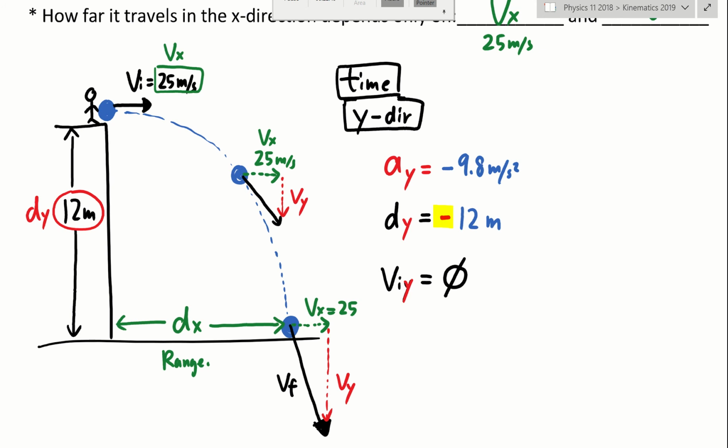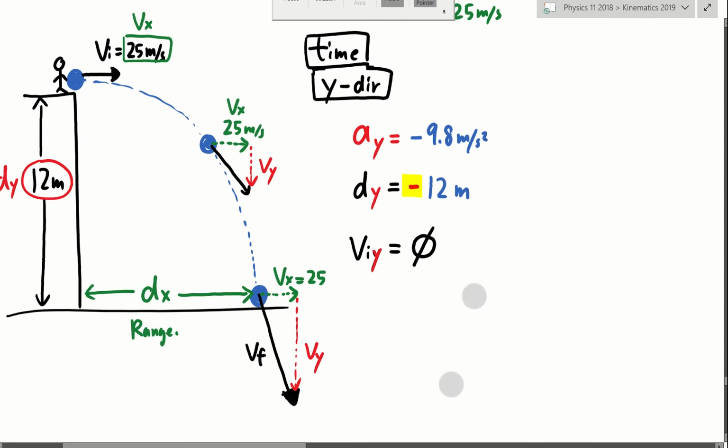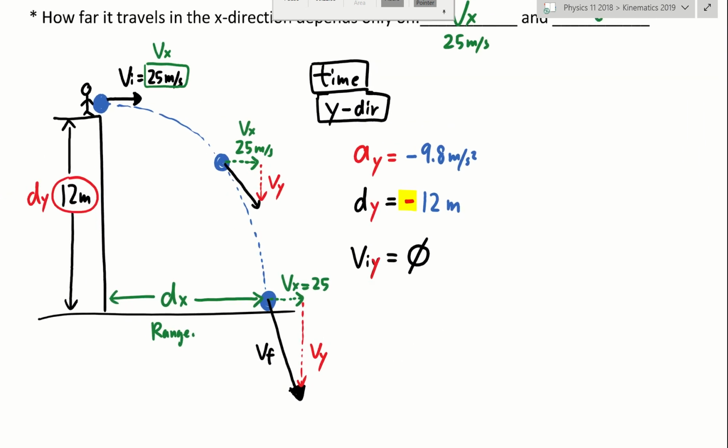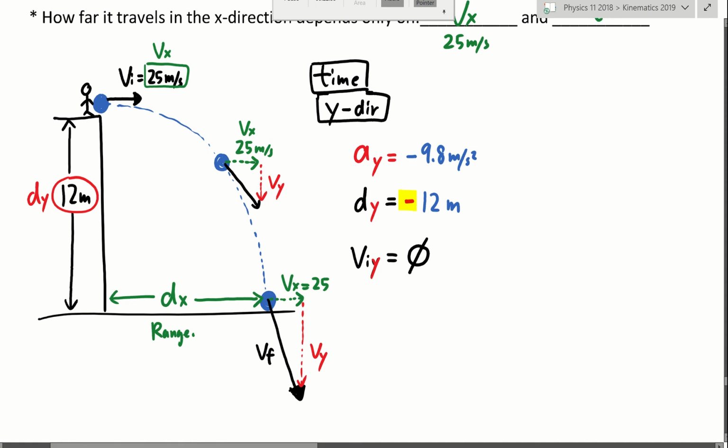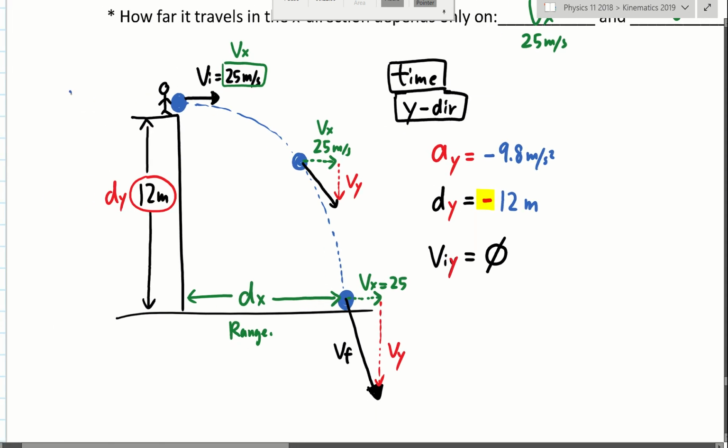Now, you have to look at it this way: there is nothing different between this object going sideways and dropping, compared to just a ball dropping straight down. There is no difference between these two scenarios.